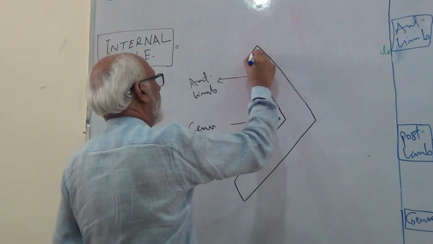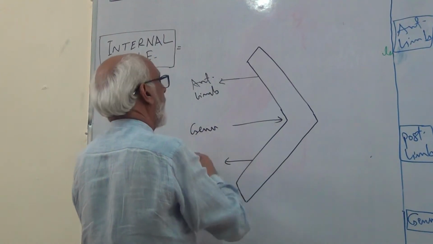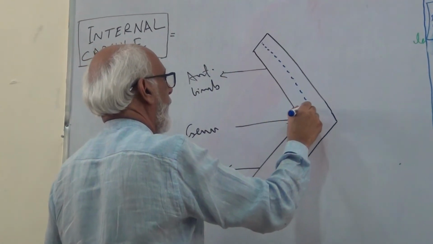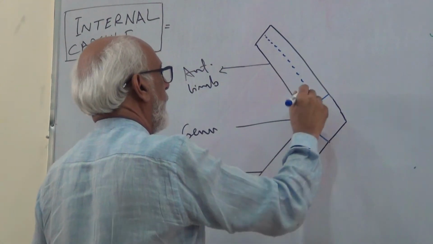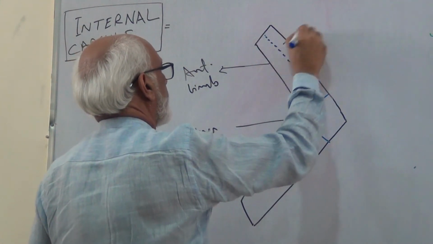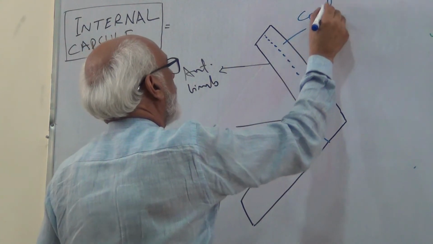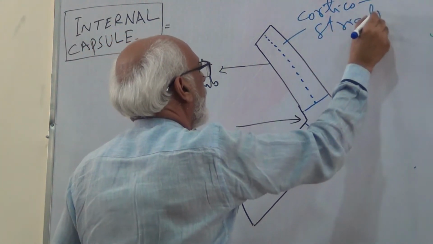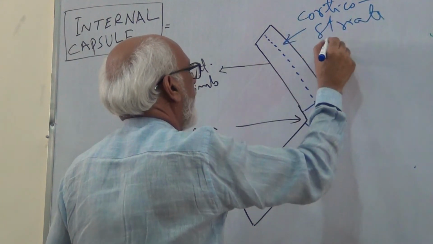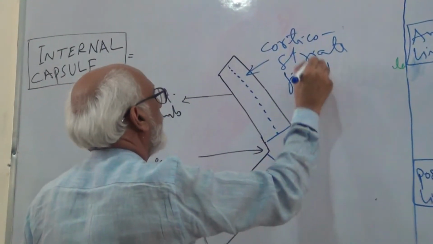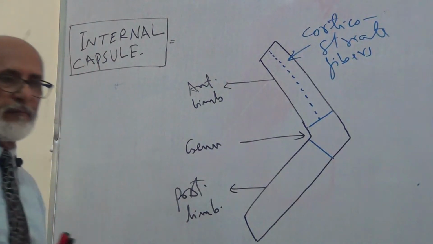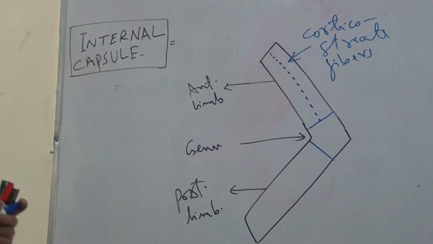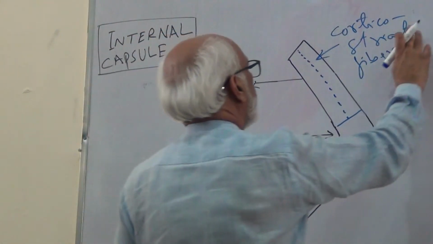Here, the anterior limb. Here are corticostriate fibers. Fibers pass through the anterior limb, the fibers arising from the cerebral cortex to the corpus striatum.